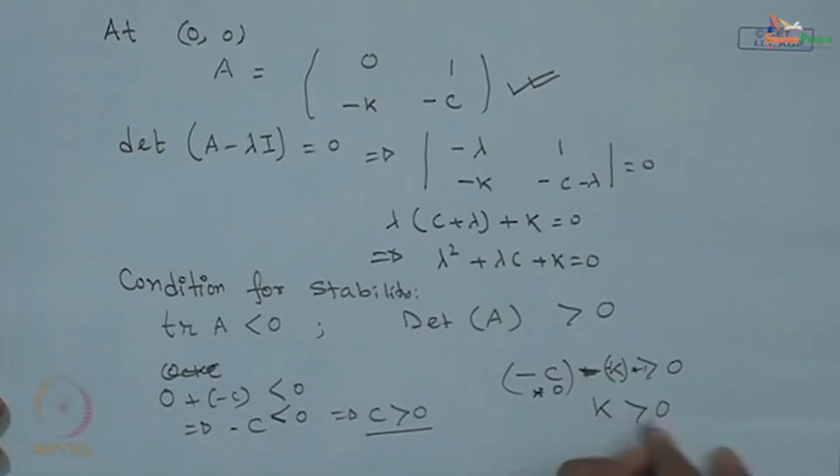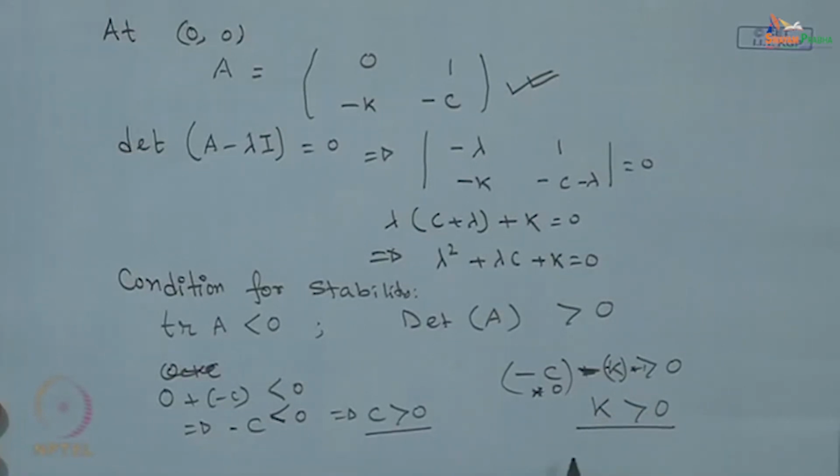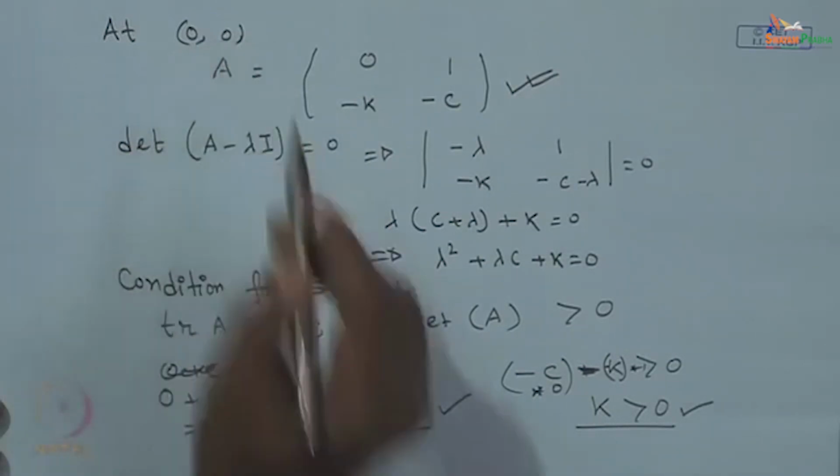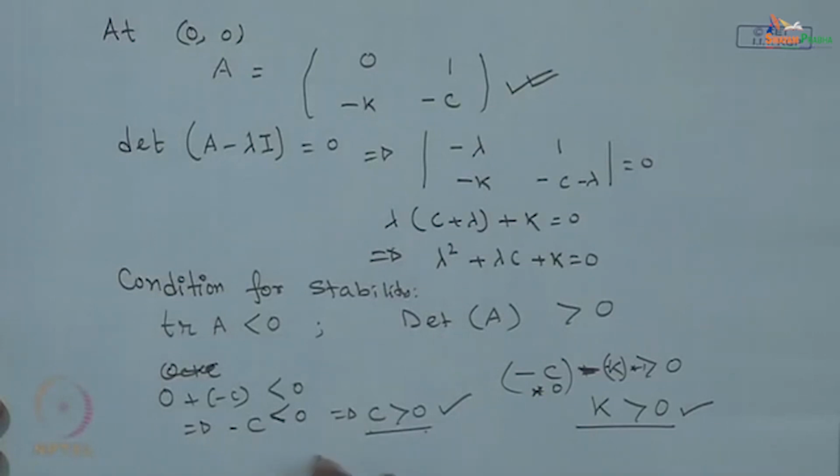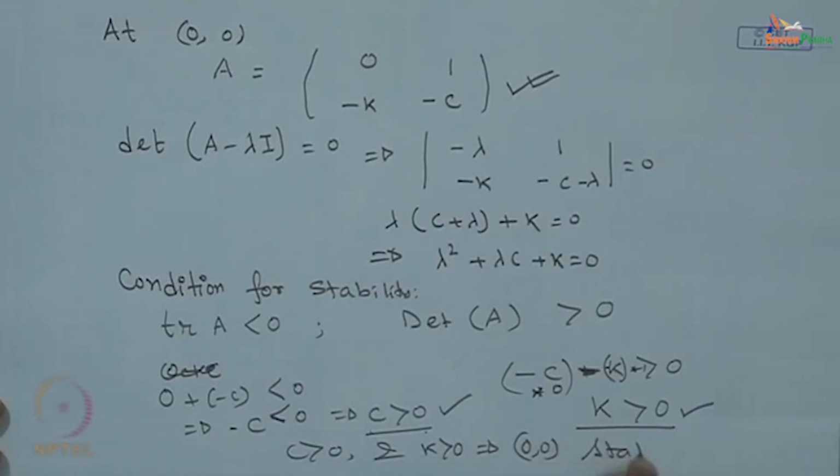So, k greater than 0. So, k greater than 0 and c greater than 0, because the trace of A should be less than 0, so minus c is less than 0. So, c greater than 0 and k greater than 0 will lead to the steady state (0, 0) being a stable steady state. These two conditions, c greater than 0 and k greater than 0, will lead to this stable steady state.